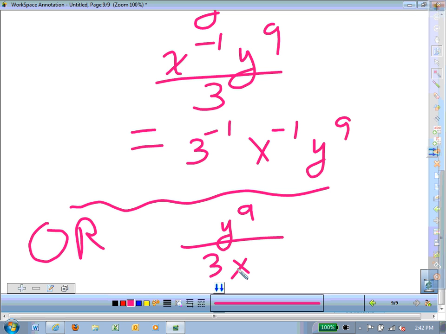The idea here is that the constant is simplified. We can't make it a simpler constant. The x is just one x factor, and the y is just one y factor with an exponent.